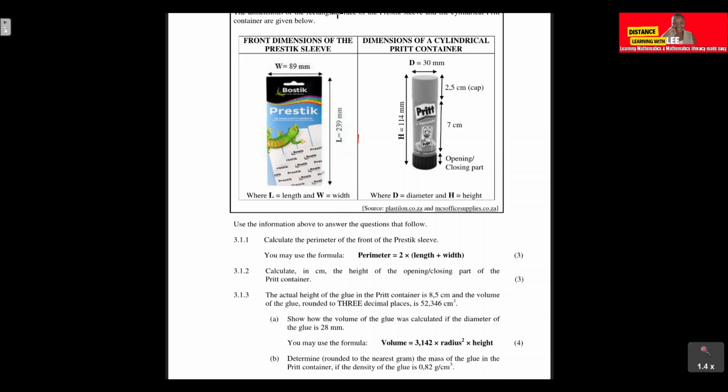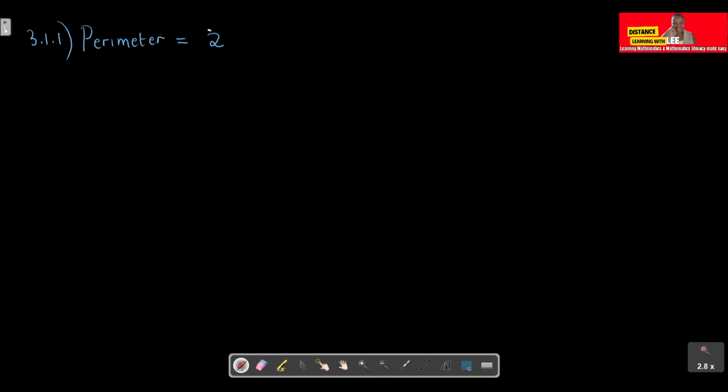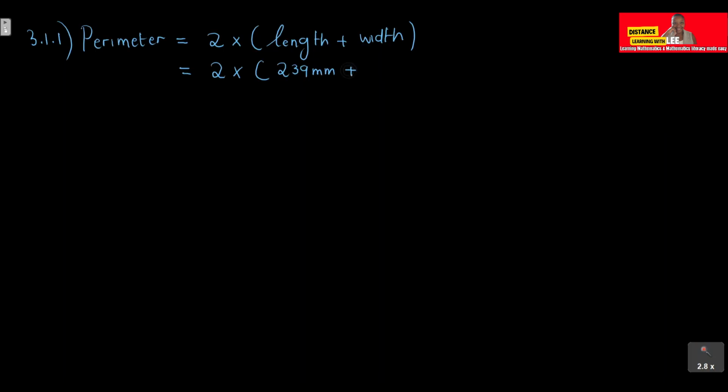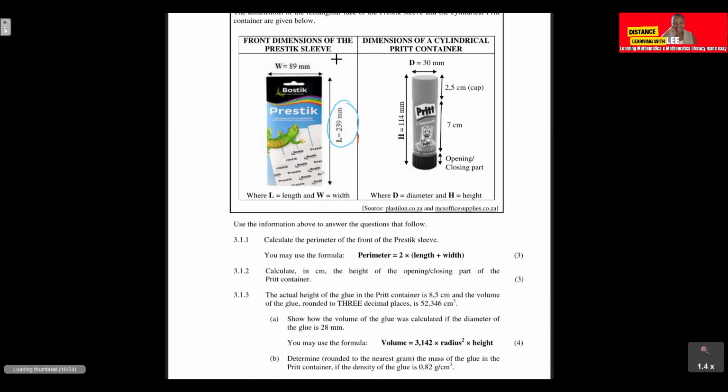given to us here. The perimeter is equal to 2 multiplied by the length plus the width. Then we substitute the values given to us here. So it's 2 multiplied by, what is our length? We're given that the length is equal to 239 millimeters, plus what is our width? We're given our width as 89 millimeters.